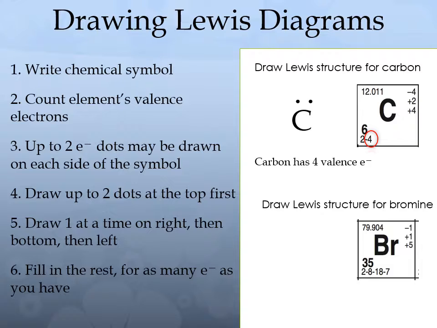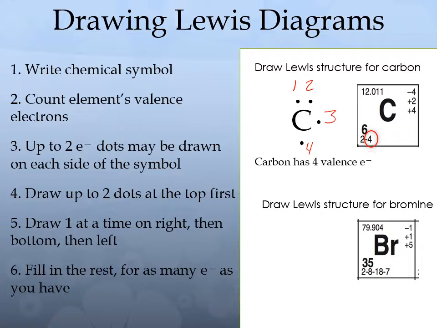So I'm going to put my first 2 electrons up top, that's electron number 1 and electron number 2. I still have 2 more electrons to go. Because it says I'm going to go clockwise, I'm going to head over to the right side of the symbol to do electron number 3. And then I don't do electron number 4 on that same side. I'm going to keep moving clockwise and put number 4 down on the bottom.